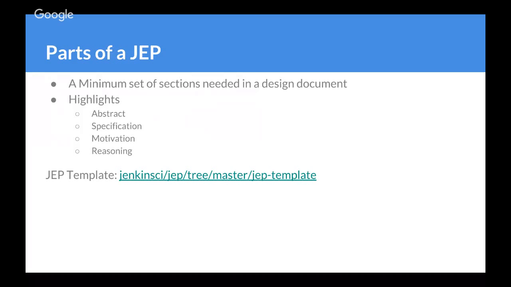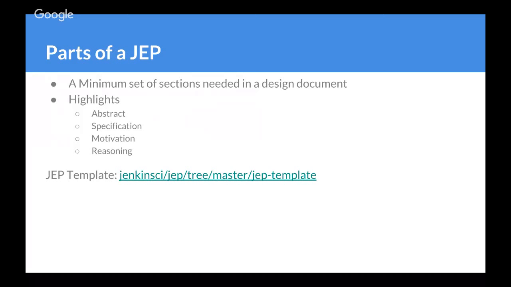The JEP will include an abstract, which is like the elevator pitch for the new feature or process. It'll include a specification which says, here's how the thing works. Here's all the details. Here's the APIs that we've implemented. Or it describes the process that is being proposed. It says how it's going to work. Maybe have a rollout plan if that's needed, that kind of thing.